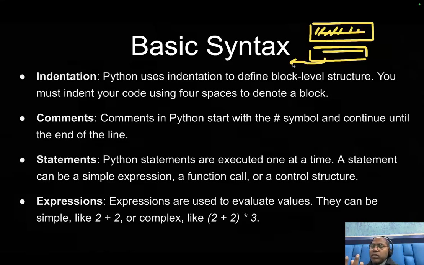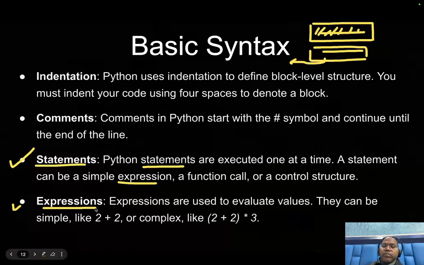Those sentences that evaluate and return some value to you are known as expressions. A statement is just executed and done, whatever line of code you wrote. We're going to talk more when doing some exercises, right? So these are two points we have to remember: statement and expression.